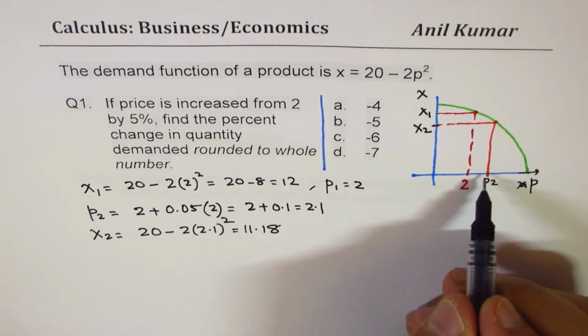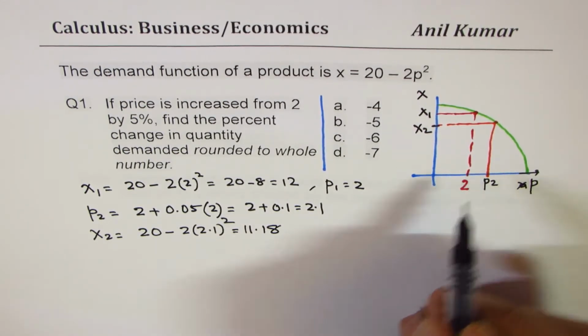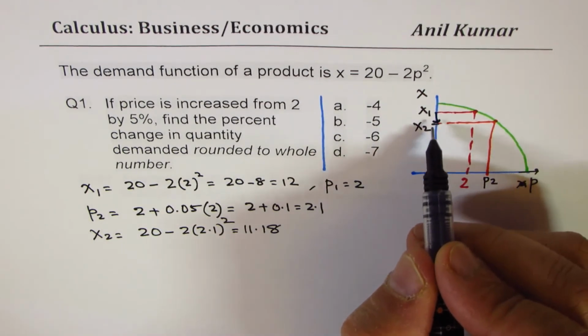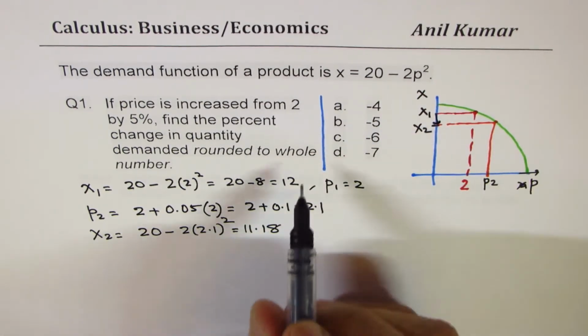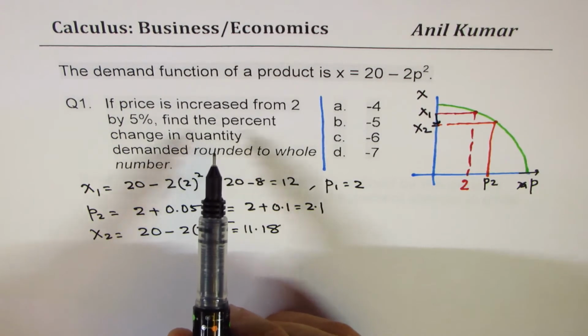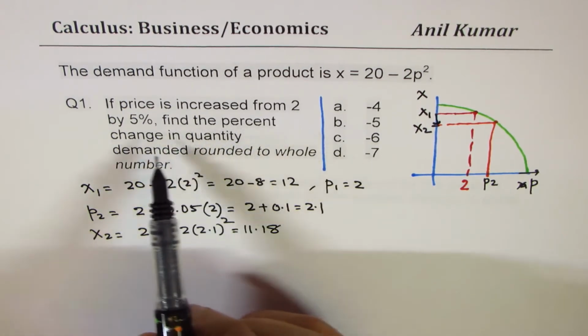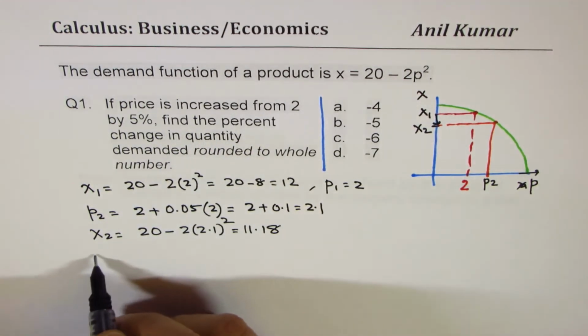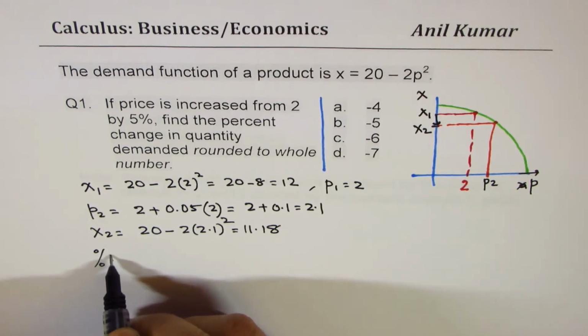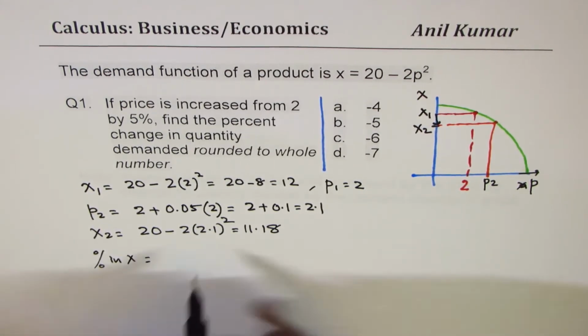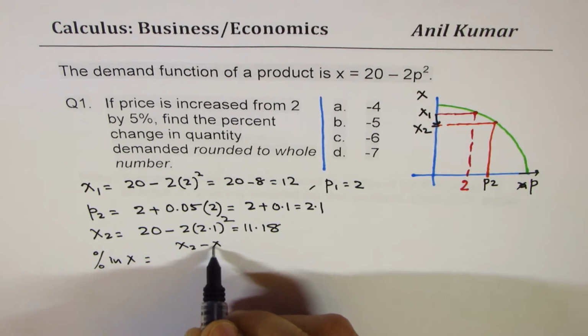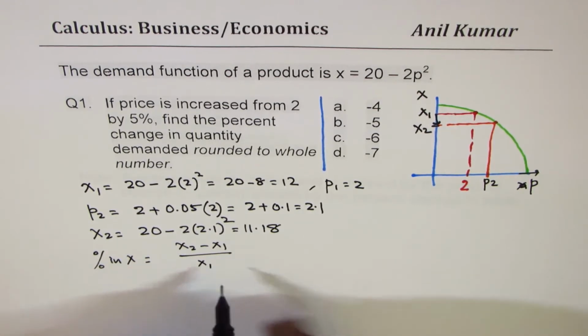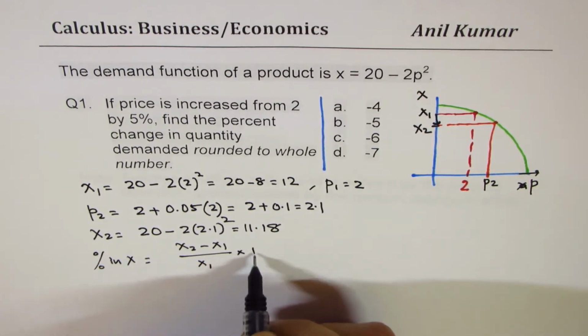So for a change in price, which we are increasing, there is a decrease in demand. Do you see that? We want to find the percent change in quantity. So percent change in x is x2 minus x1 over the original quantity times 100, correct?